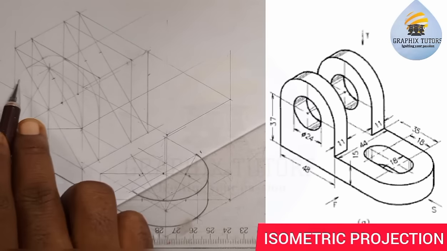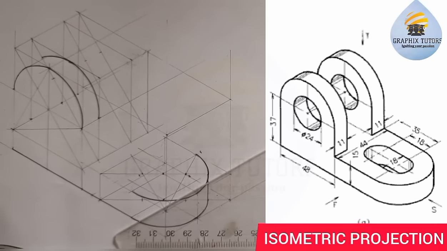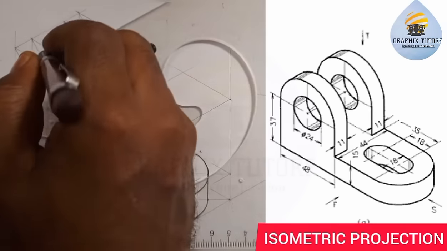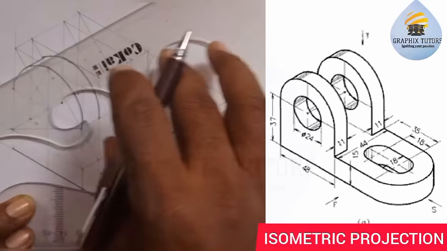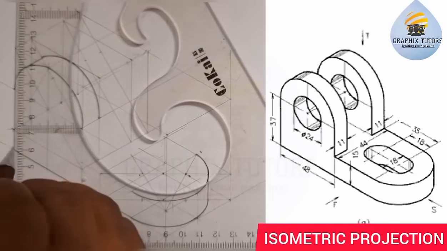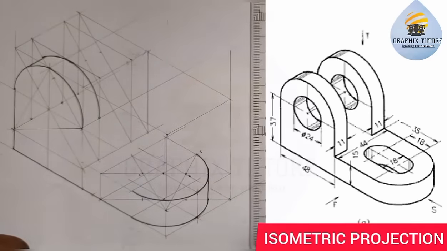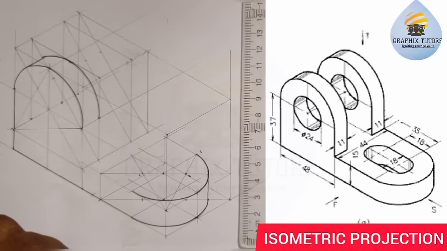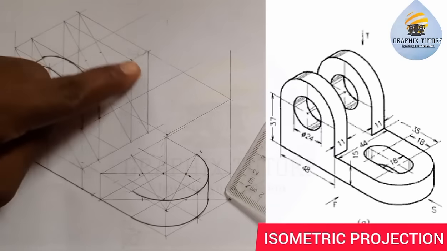So let me use my French curve to bring out this. So I'll just close it up like I said earlier. And I can bring here down, just as shown in the diagram. Taking, and I can also complete the other one here.